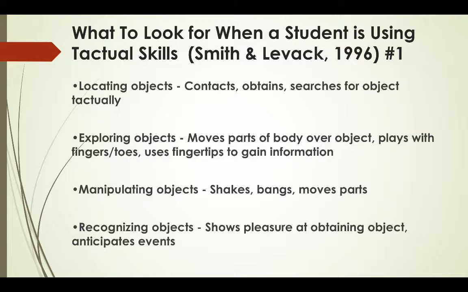When exploring objects, they move parts of the body over the object, play with their fingers and toes, and use fingertips to gain information about the environment around them. When manipulating objects, they may shake it, bang it, and make the parts move. For recognizing objects, they may show pleasure when an object that they like is placed into their hand.